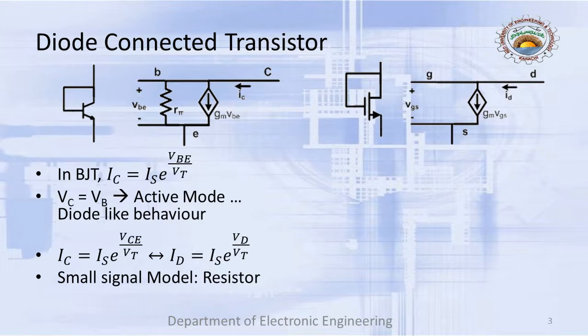But if you see the voltage dependent current source, the current from this path is a function of the base to emitter voltage. And if you talk about a resistor, the current through a resistor is also a function of the voltage. Then how can you differentiate between a resistor and a voltage dependent current source?